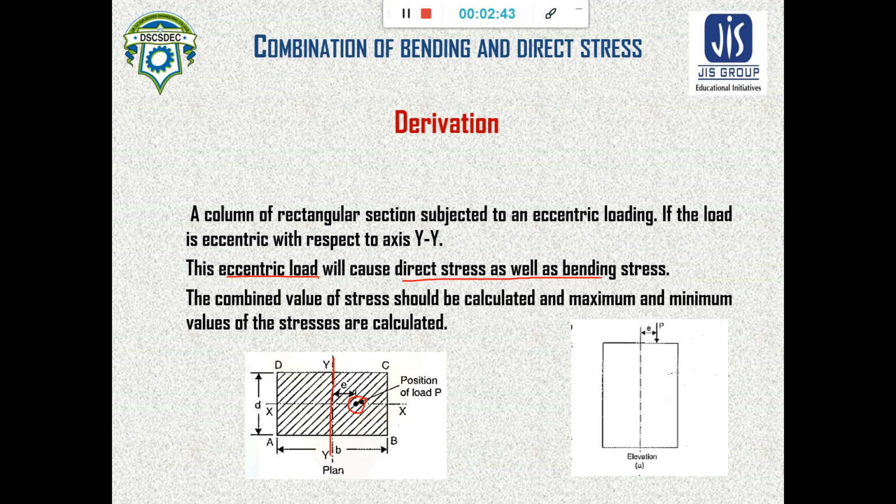The combined value of the stress will be calculated through this derivation, as well as the maximum and minimum values of the stress. That is our aim: to identify the combined value, and to derive the maximum and minimum values of the stress.